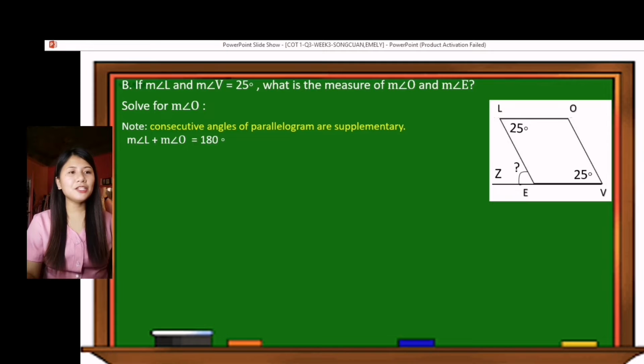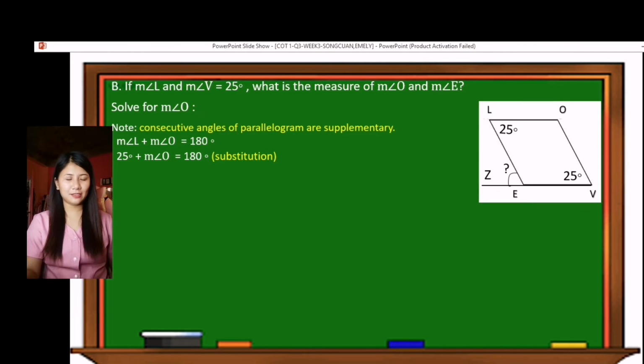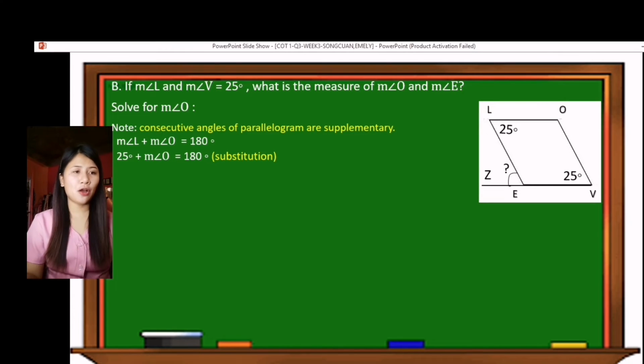So we have the measure of angle L plus the measure of angle O, which is equal to 180 degrees. Next, let us substitute the measure of angle L, which is 25 degrees. So we are looking for the measure of angle O. So we have 25 degrees plus the measure of angle O is equal to 180 degrees.